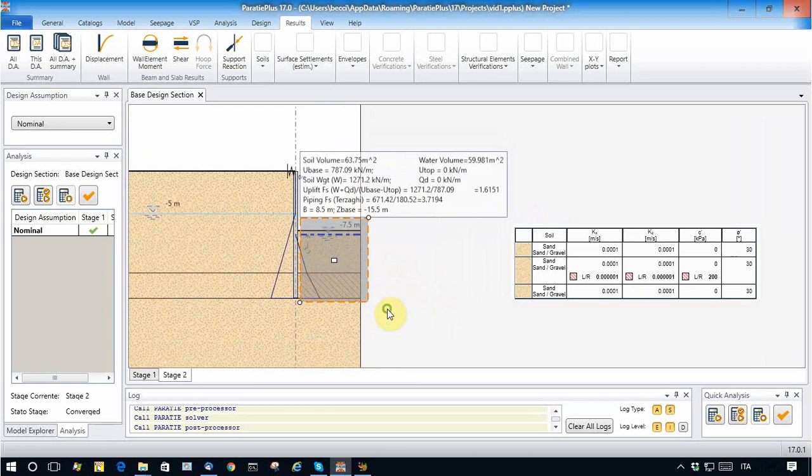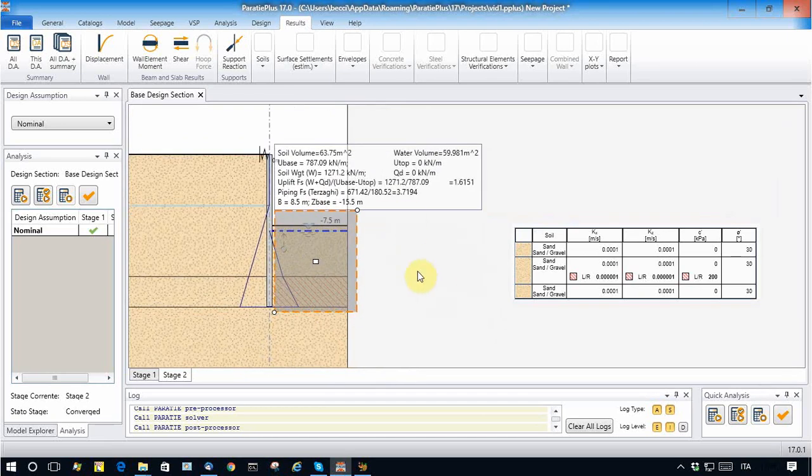So in this case the program calculates the U base, that is the resultant of the pore pressure at the base, and we calculate the soil weight and the water weight, if any, in this control volume, and calculate the ratio of the weight divided by the pressure. This gives an idea of a safety factor.